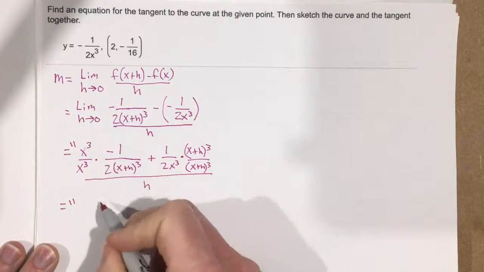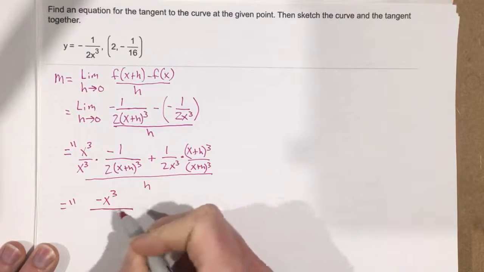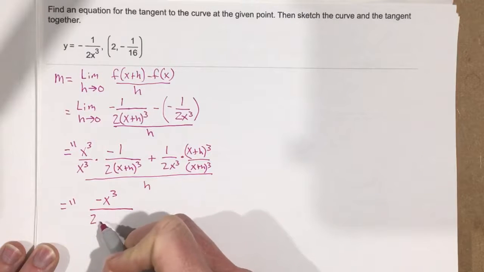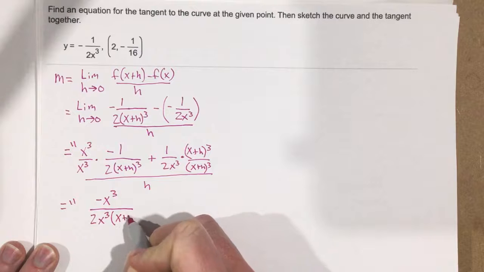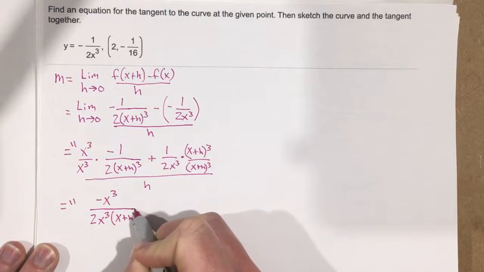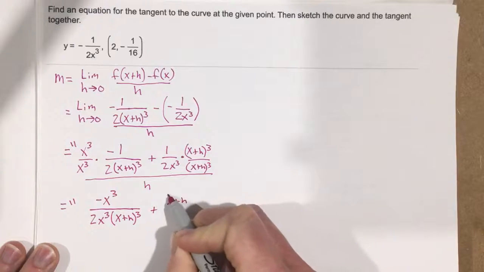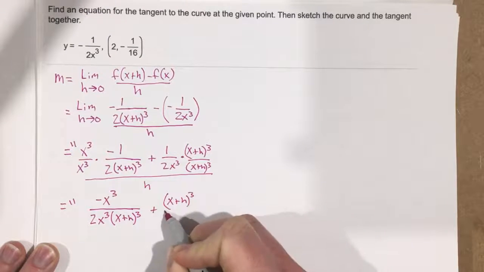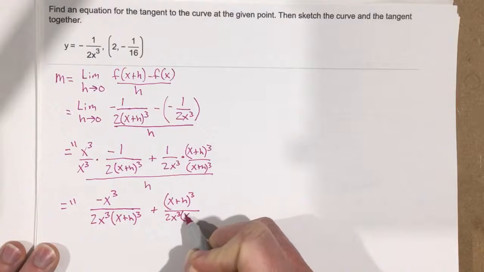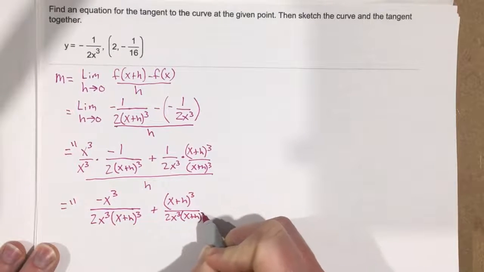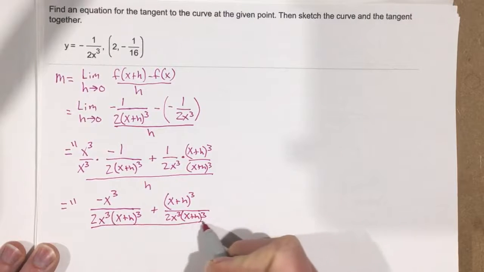When we multiply this, we get negative x cubed over 2 x cubed times x plus h cubed, plus x plus h cubed on top over 2x cubed times x plus h cubed. Again, still all over h.